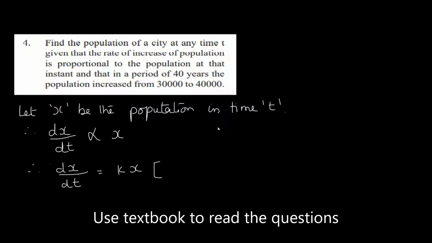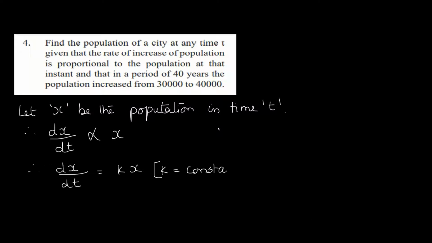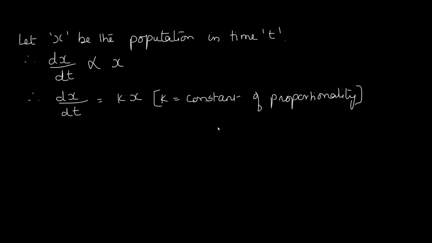You can explain over here that k is the constant of proportionality. Then we also rearrange, and therefore we get dx upon x is equal to k into dt.